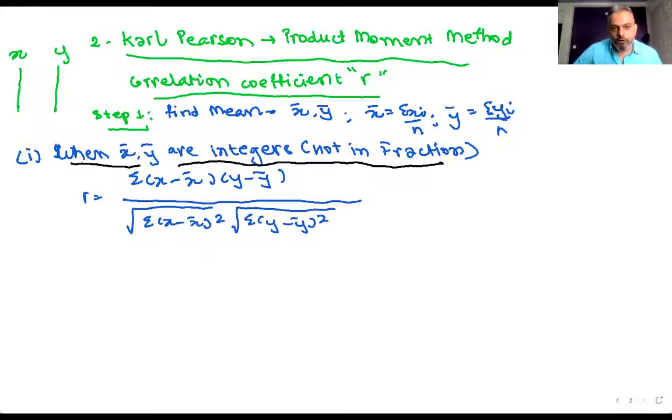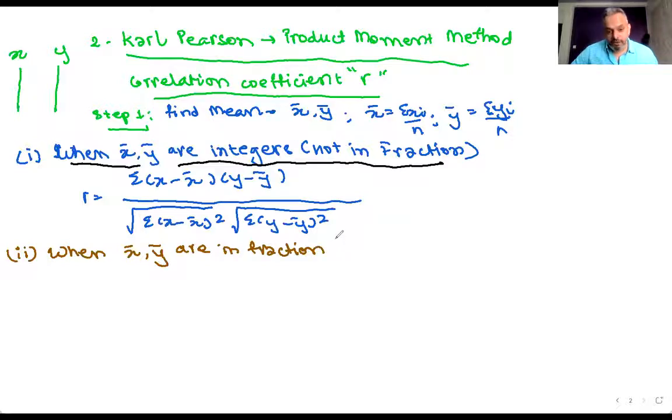Now we go for the second formula. The second formula is for when x bar, y bar are in fraction, but values of x and y are small.